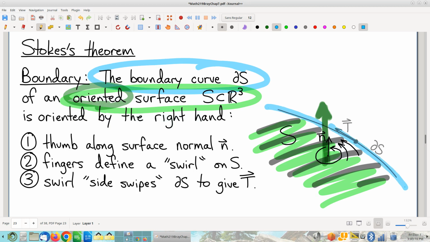There's that boundary. It's the edge, right? Edge of the surface. Well, if you have an oriented surface, you would expect that the boundary should also have an orientation. And there's two different directions this curve could go. It could be that that's the positive direction along the curve. And we have to make a choice.